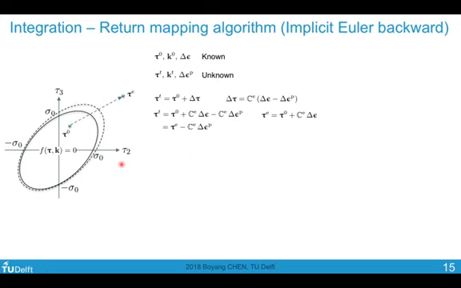So, in an implicit algorithm, we still have the elastic predictor, but our plastic increment is calculated by delta lambda multiplied with m evaluated at time t. So this still needs to be determined. And in the associated case, this is equal to the gradient evaluated at time t.